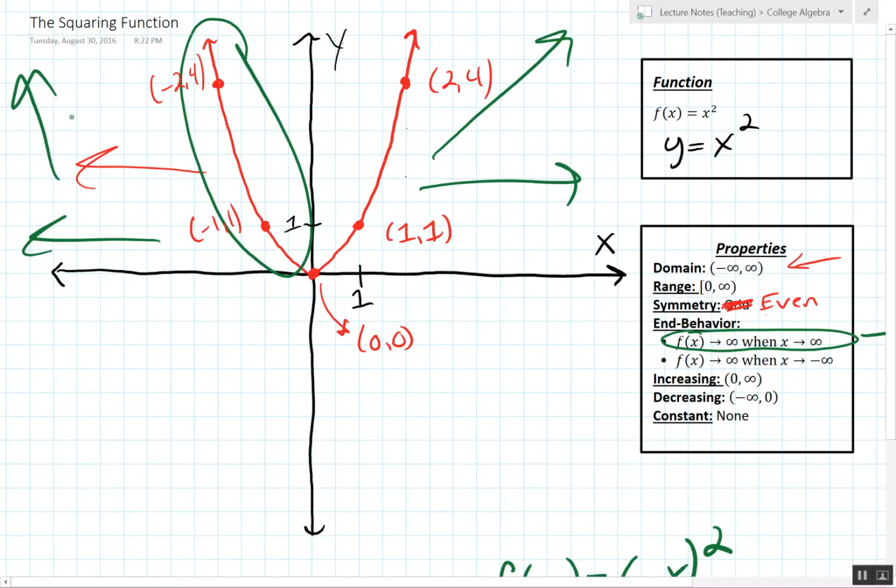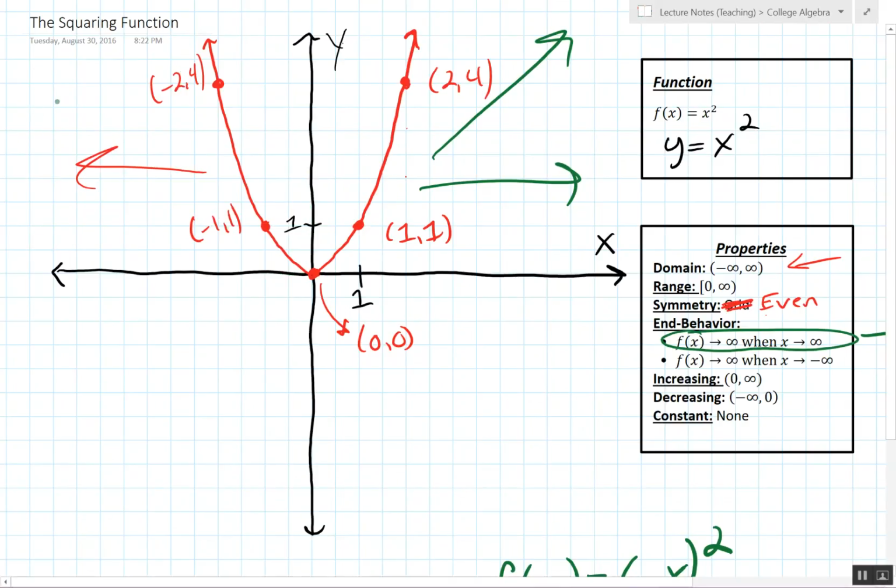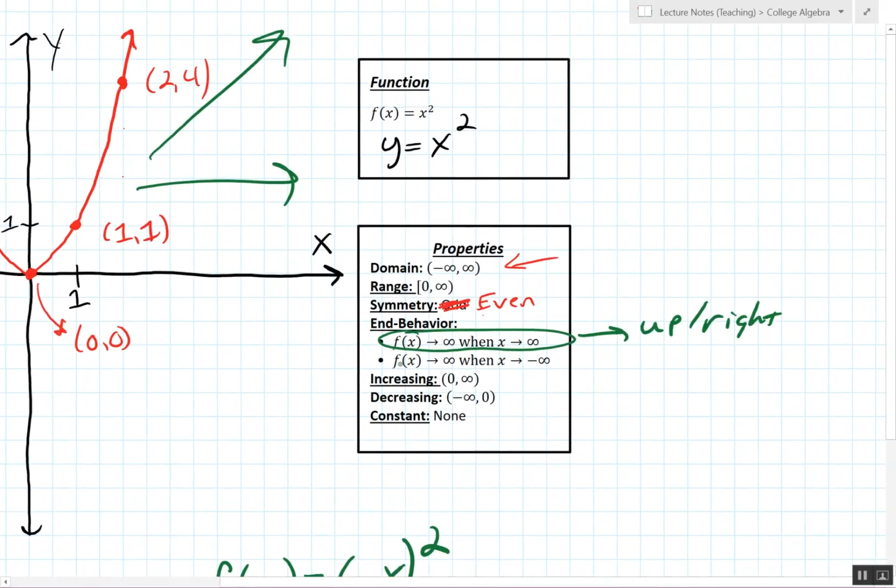That's because when we square a number, the negative goes away. So these really small negative numbers, when you square them, become these really large positive numbers. And so this is going up and left.